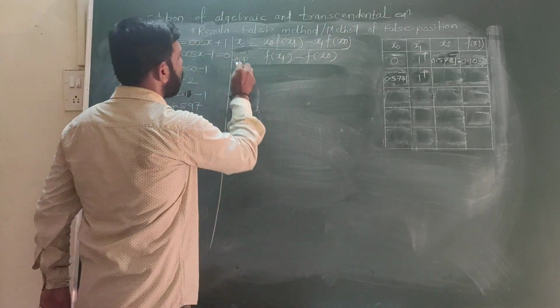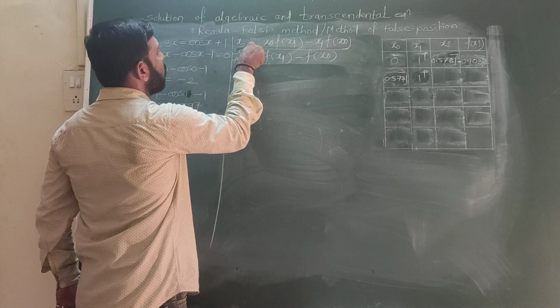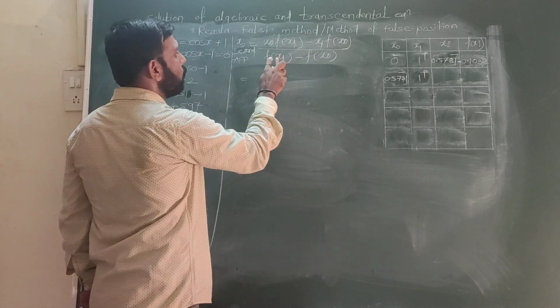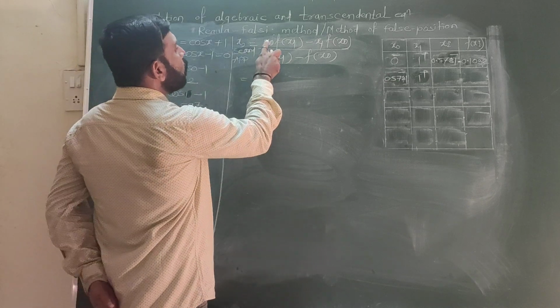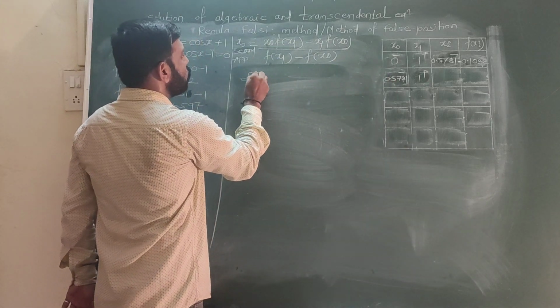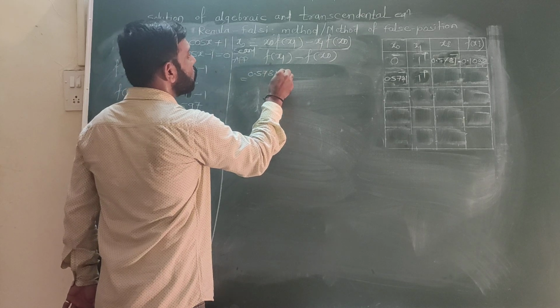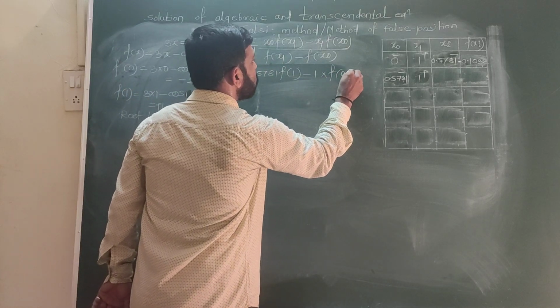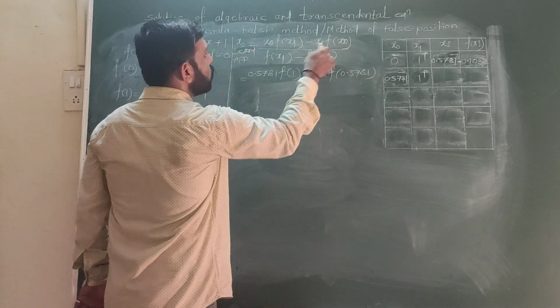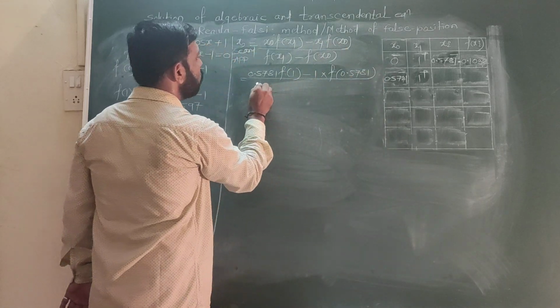Now we'll continue the next approximation, that is the second. The formula we are keeping as it is, only the values of x0 and x1 we are making changes in. Next x0 value 0.5781, f(1). In this formula only we are putting these values.